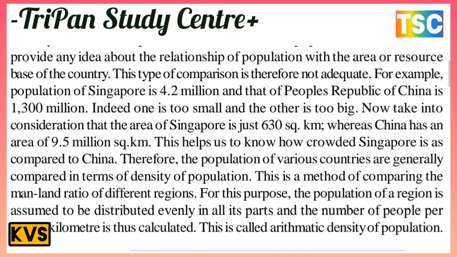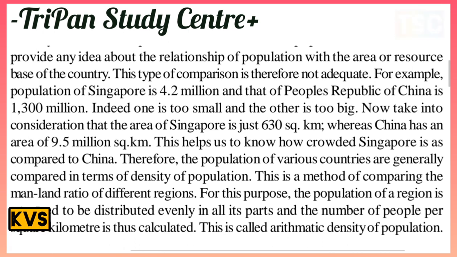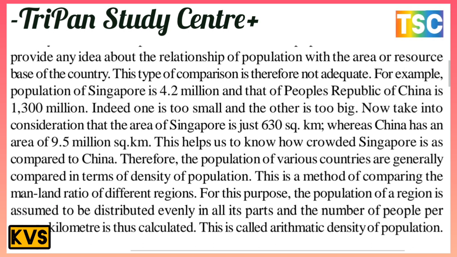Therefore, the population of various countries is generally compared in terms of density of population, a method of comparing the man-land ratio of different regions. For this purpose, the population of a region is assumed to be distributed evenly over all its parts, and the number of people per square kilometer is calculated.